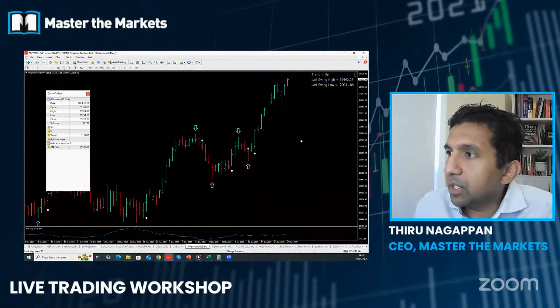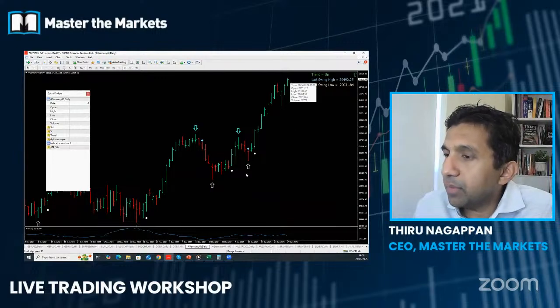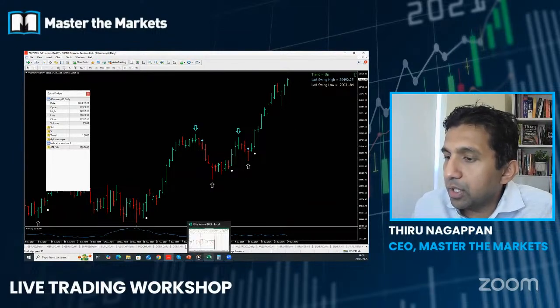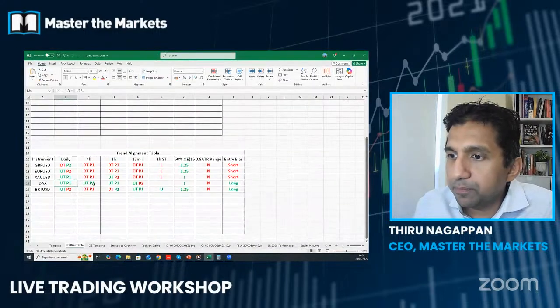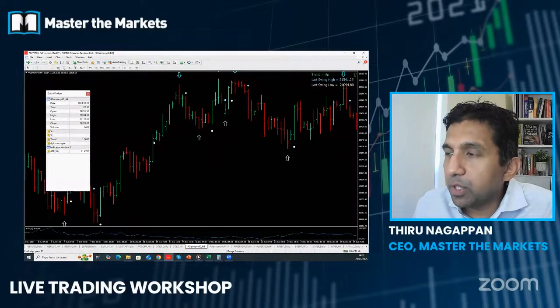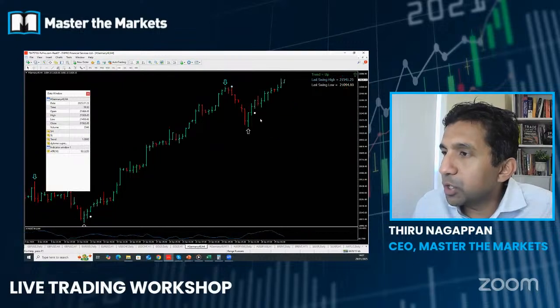DAX on the other hand, again, soaring up higher, nice bull uptrend. We took this on two other strategies, the end of day strategies which we run on the live trading room. Over here, we got DAX, we got the uptrend phase one. On the 4 hour as well, that's why I can't stress why the bottom and top quantification is important.